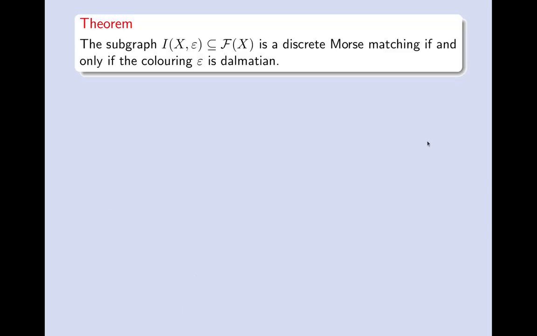Okay, so the first result I want to talk about is the connection between discrete Morse matchings and these subgraphs, and in turn the horizontal homology I just described. These subgraphs provide us with discrete Morse matchings on the face poset of X if and only if the coloring is Dalmatian.